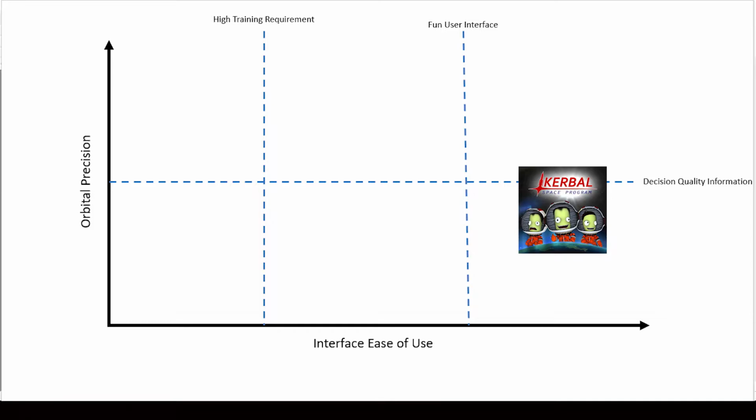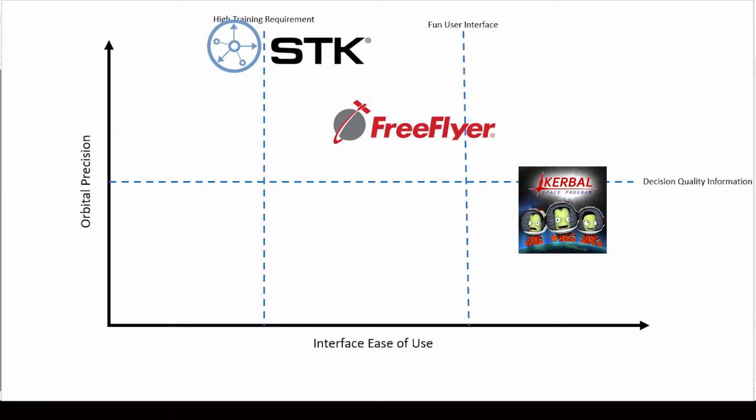Now, somewhere in the middle, you might have a software like FreeFlyer that has very good precision and a really respectable user interface. So where does Systems Toolkit by AGI fall in? I think it's in the extremely high precision, at least in terms of the licenses that you can have with this software. But with that high precision as the primary focus, the user interface can be somewhat clunky.